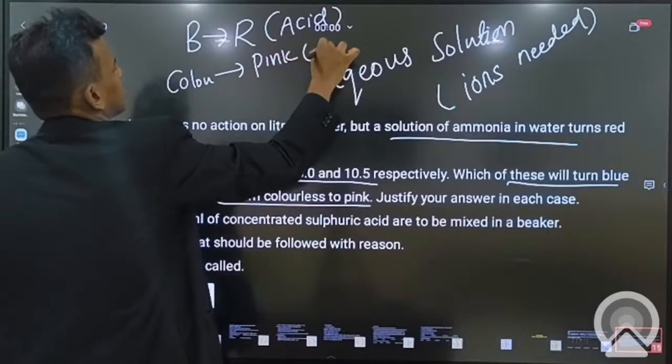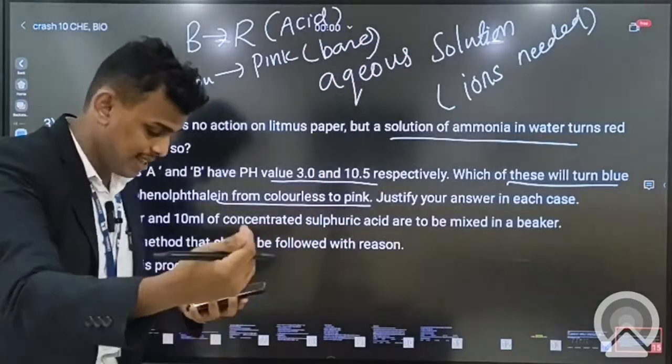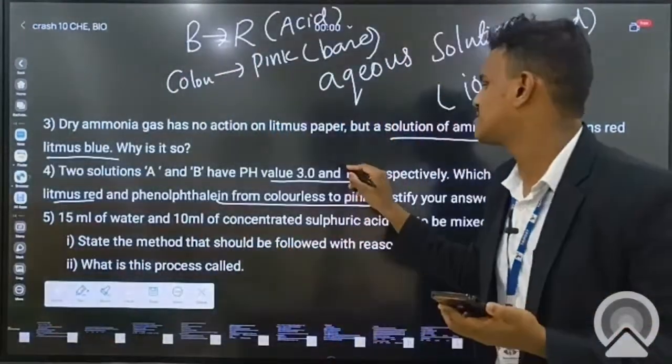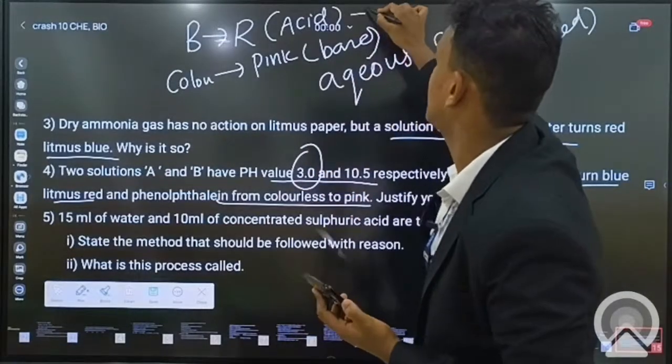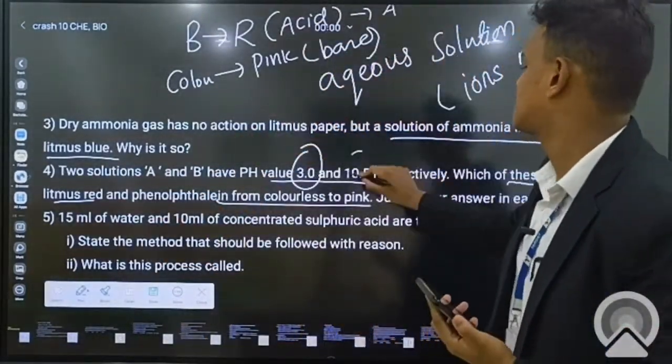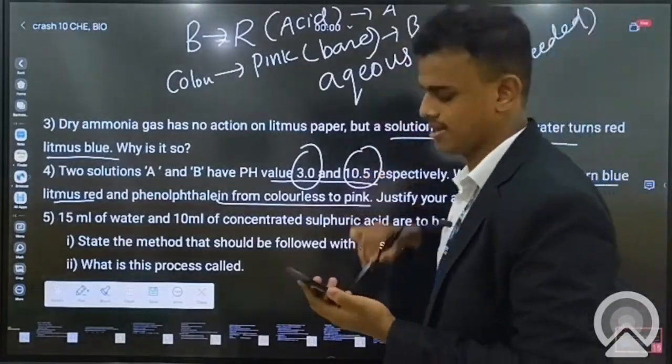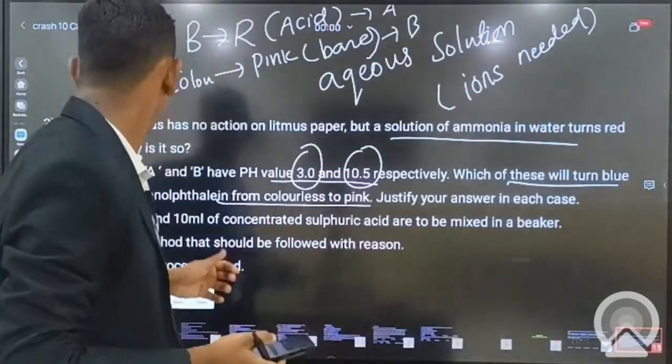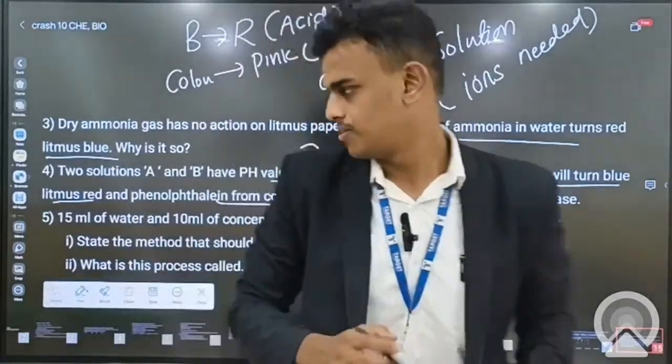That means base. Acid has pH less than 7. So it is A. A will change blue to red. What about colorless to pink? It is a base, 10.5, that is B, greater than 7.